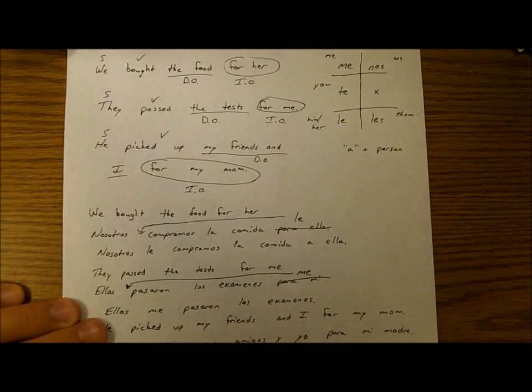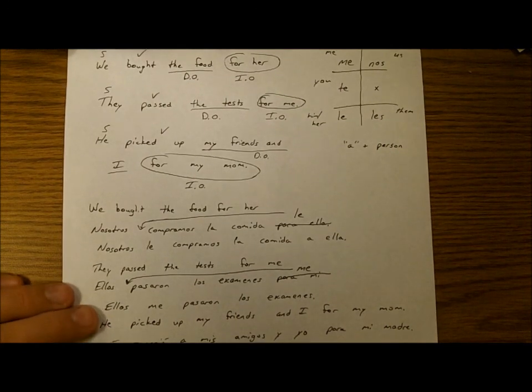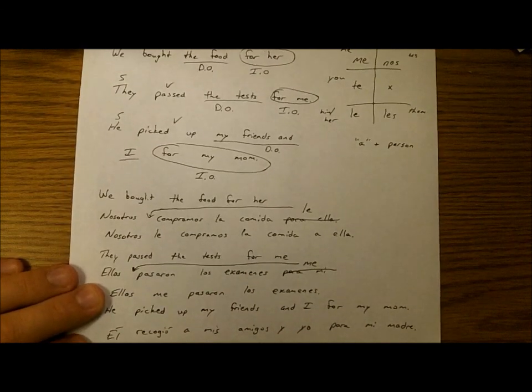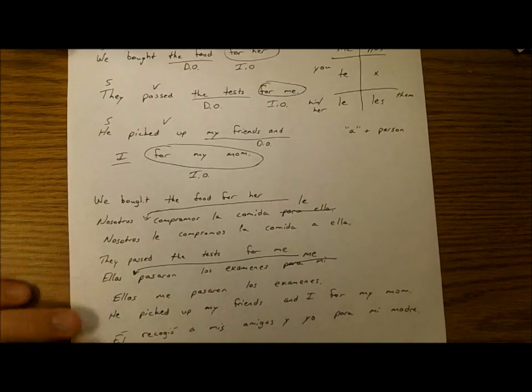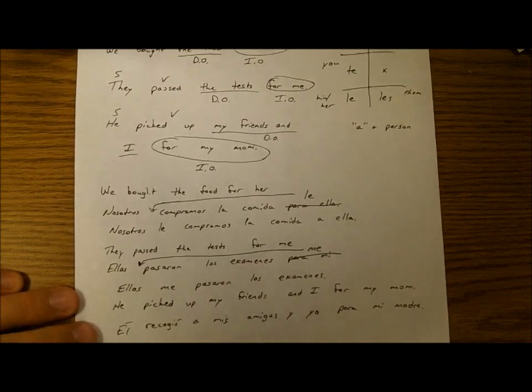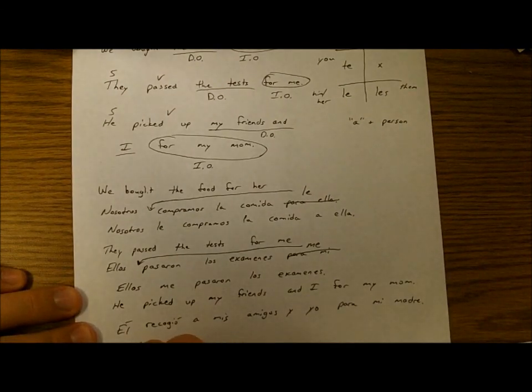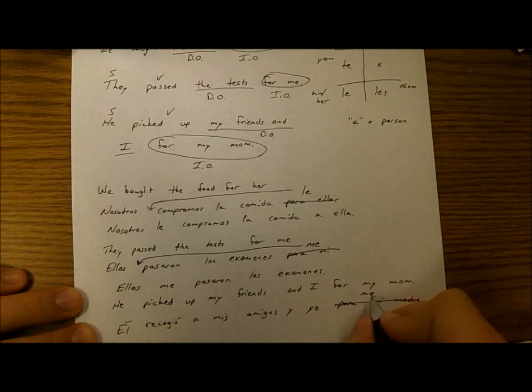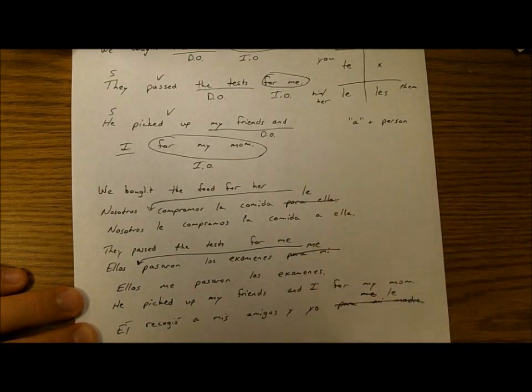Okay, so we want to get rid of the para mi madre. So at the end, we're going to want to put a le, for the madre, because that's a her. So remember, we've got to put that le all the way back here before the verb.